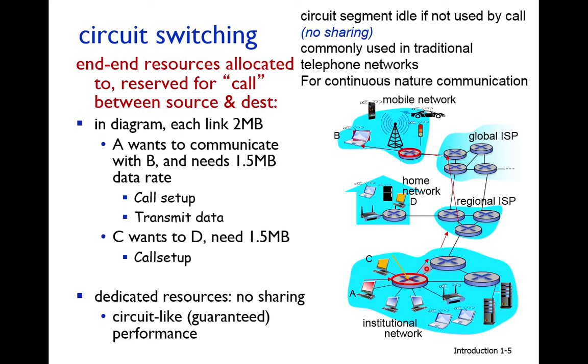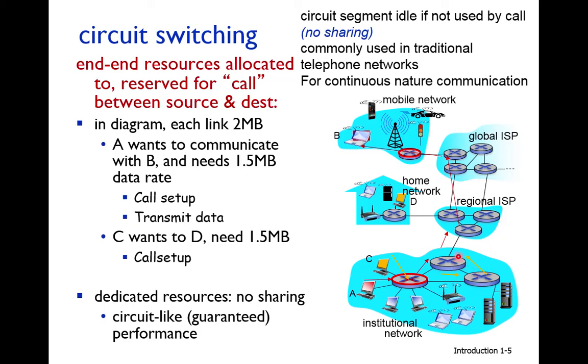So 0.5 MB is remaining, and C to D wants 1.5 MB. So this link cannot be used because only 0.5 MB is empty. This router will use this link because this link is fully available. It is free. So here it is reserved. Again, this router reserves here, and this router reserved the path here.